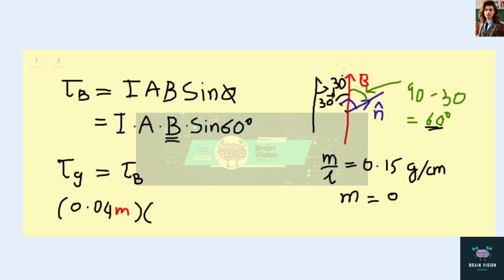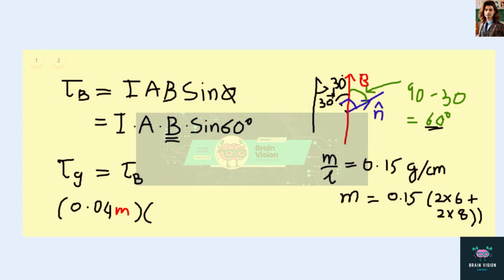So that's 0.15 times the two sides which are 6 centimeters long plus the two sides that are 8 centimeters long: 6 plus 6 plus 8 plus 8.